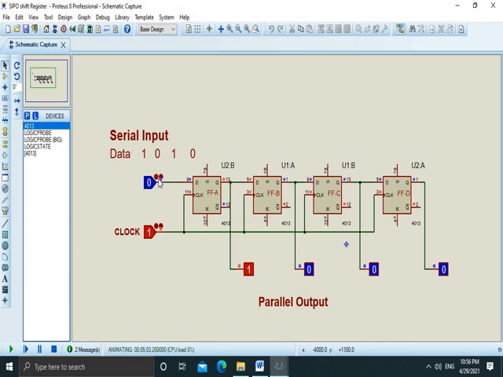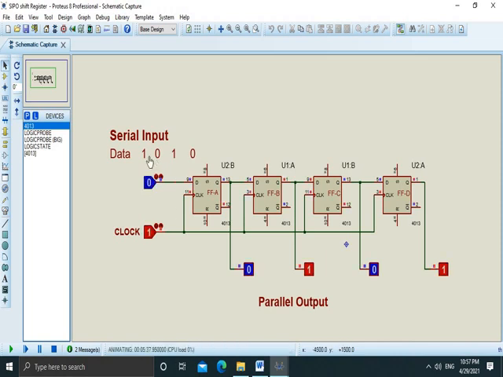Likewise, the input of the first flip-flop takes the new input and the input of the second flip-flop is the output of the first flip-flop. After applying the clock, we see the 0 data is shifted to the output of the first and the 1 data is shifted to the output of the second. Likewise, we enter the next data 1 with a clock pulse, then 0 with a clock pulse.